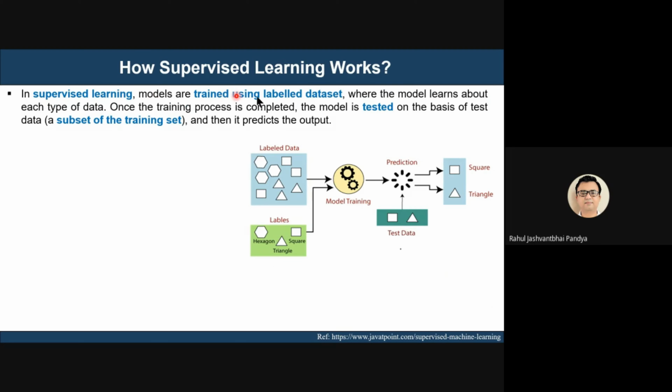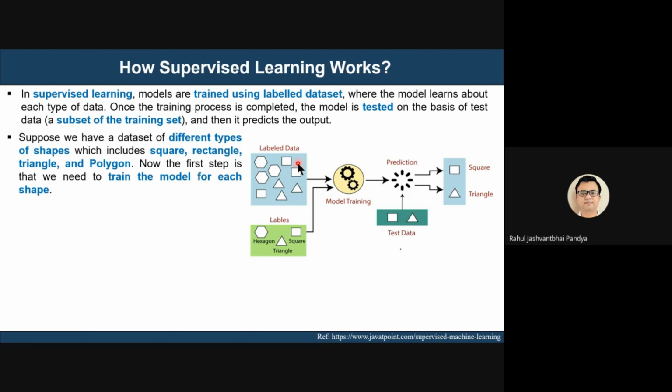How does supervised learning work? In supervised learning, the models are trained using labeled data sets, where the models learn about each type of data. Let's say in this particular figure, different labeled data sets are given, such as different types of shapes as input: square, rectangle, triangle, polygon, etc. The first step is to train the model for each shape.